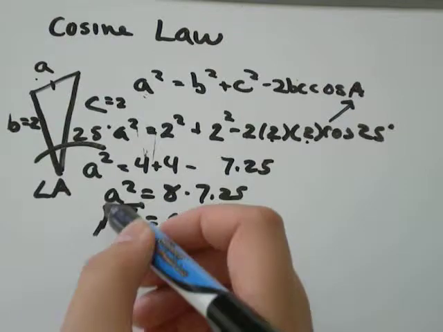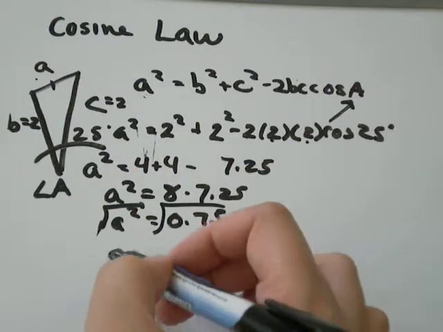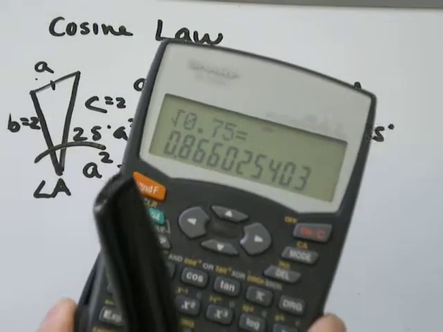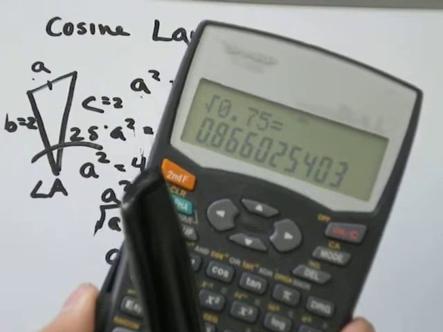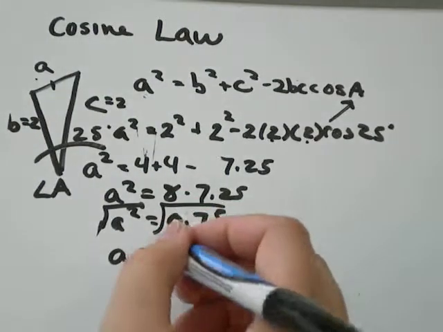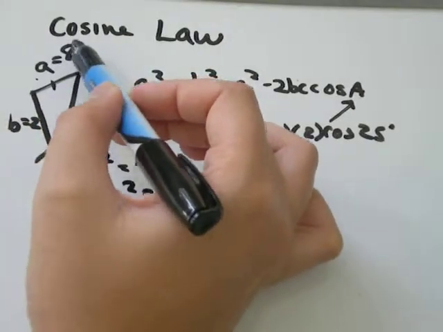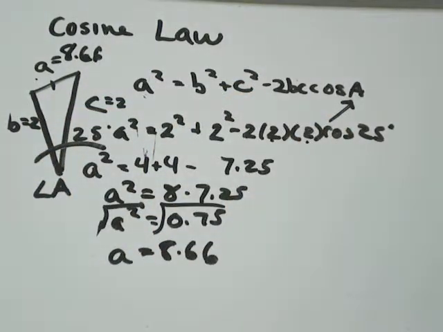So square root both sides. And A is equal to the square root of 0.75, which is approximately equal to 8.66. So all that tells me is that up here it was 8.66 meters, centimeters, whatever.